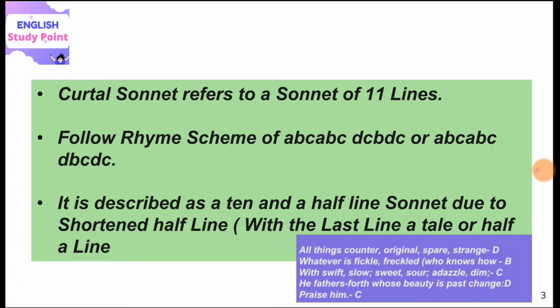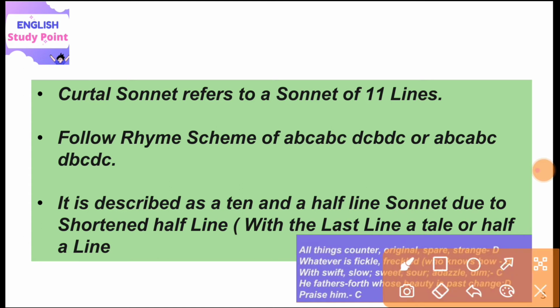All things counter, original, spare, strange; whatever is fickle, freckled, who knows how; with swift, slow; sweet, sour; adazzle, dim; he fathers forth whose beauty is past change: praise him.